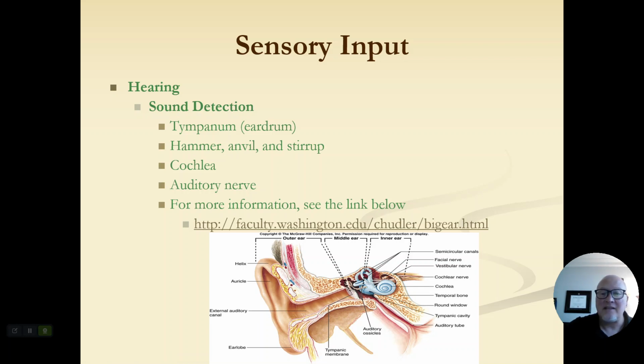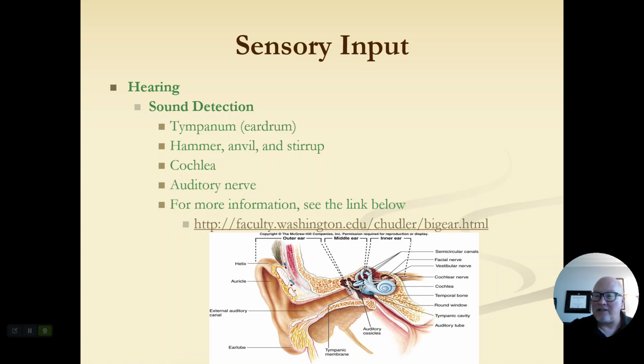When it does that, it moves three little bones that you've heard about on a regular basis: the hammer, the anvil, and the stirrup, or the malleus, the incus, and the stapes. And it moves those three bones, which vibrates a liquid inside this organ here, which is called the cochlea.